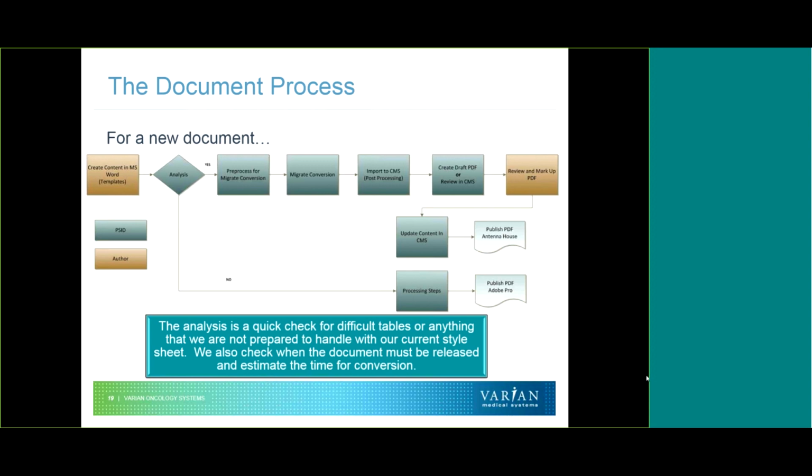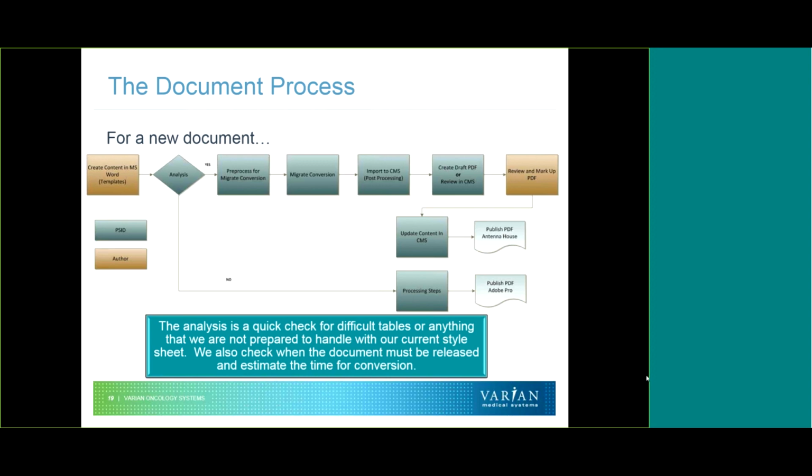And so once we say that we are going to produce this document in DITA, we do some pre-processing for Migrate that we've developed. As Catherine mentioned, one of our team members has developed the processes for getting it ready for Migrate conversion.